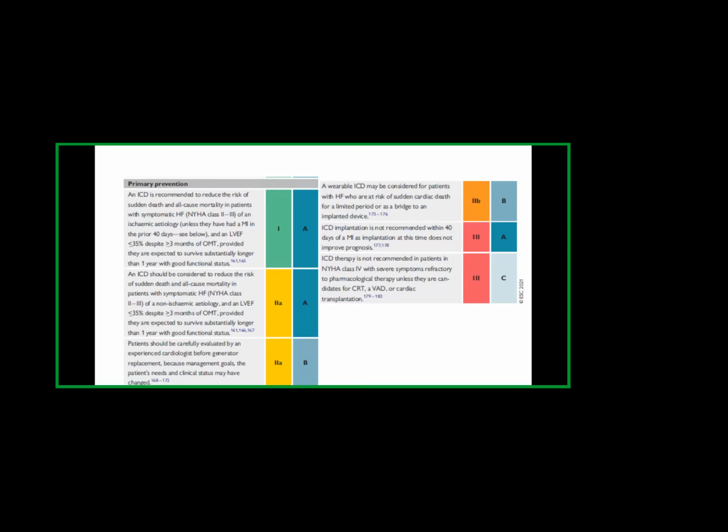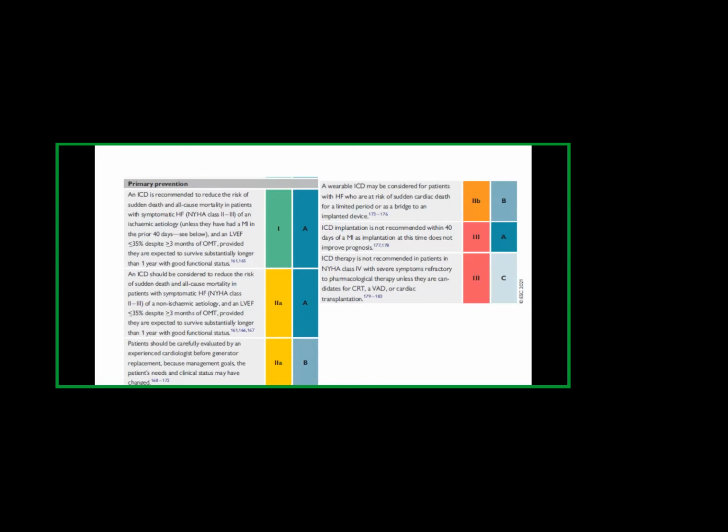Okay, so then class 3, which means that it should not be done, or if they are done, they may harm the patient. So like I said, it's not recommended within 40 days of an MI. At this time, studies have shown that it does not improve prognosis.